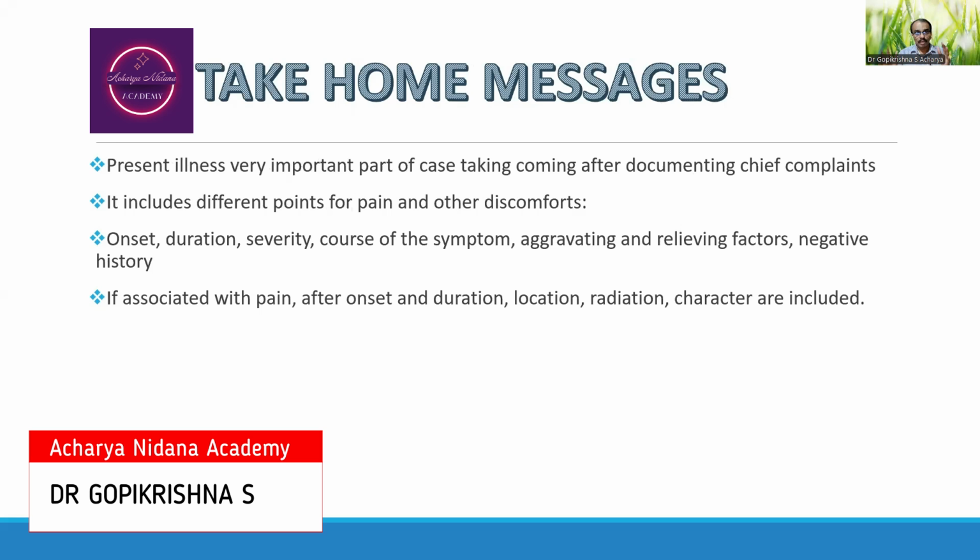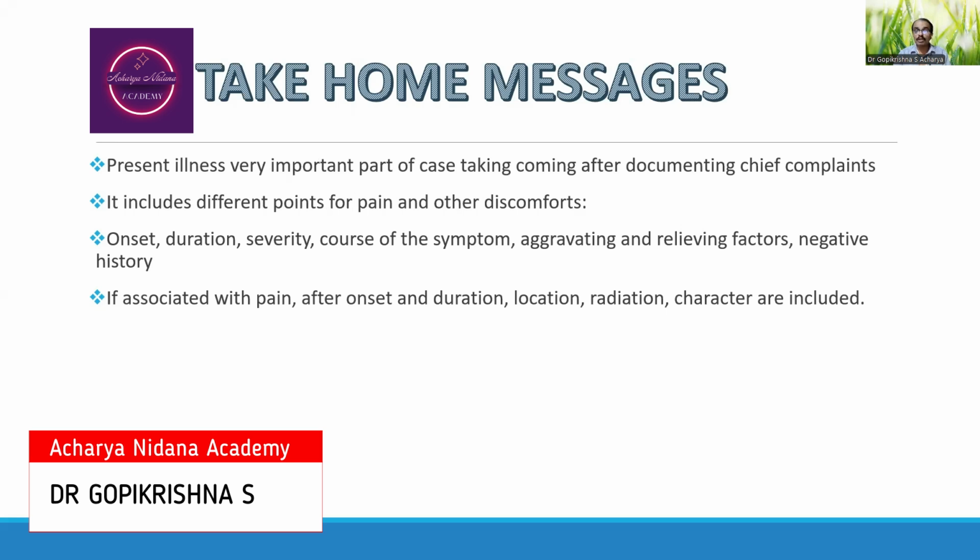So, the take-home messages from today: history of present illness is one of the very important parts of case taking, which is documented after documenting chief complaints. As we have discussed, chief complaints should be in the patient's own words.